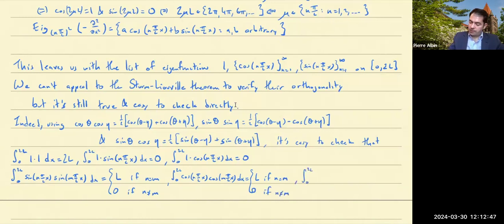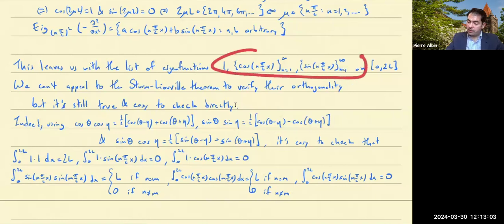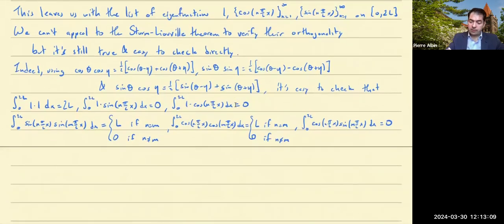And when you multiply a cosine against a sine, you get 0. So these eigenfunctions that we obtained are indeed orthogonal on the interval 0 to L.